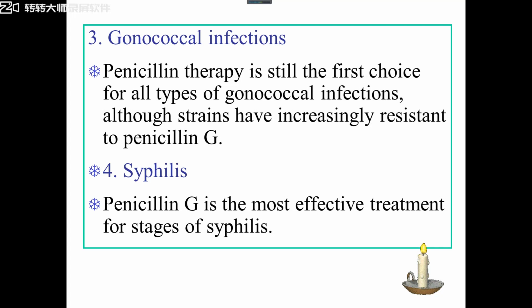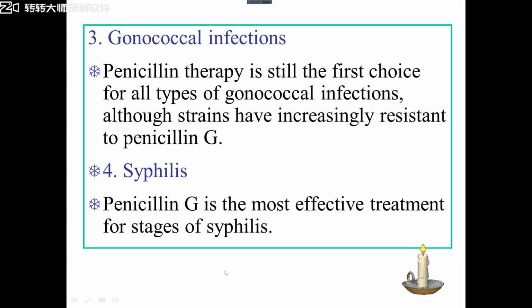But in fact, we should know that for gonococcal infections, for syphilis infection, in all the different states of the patients, the first choice agent and the most effective drug is still penicillin G.